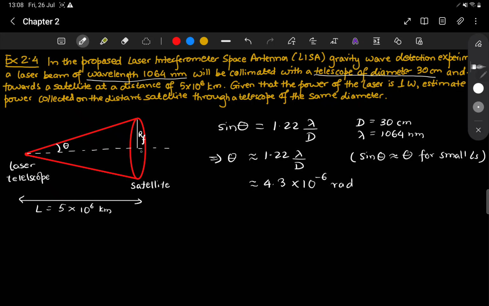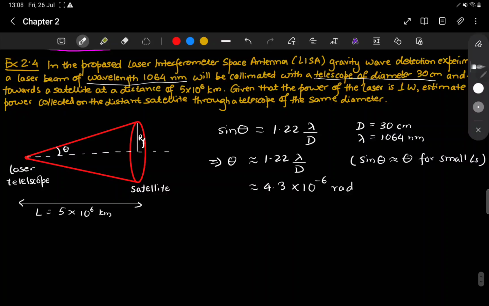Now this radius at the satellite of this beam that is coming in, RF, will be L times theta. Again, this is coming from small angles, because tan theta will be RF over L, which is approximately theta for small angles.